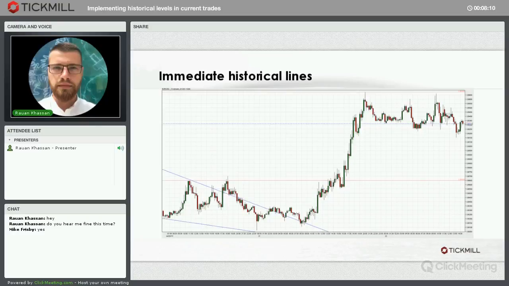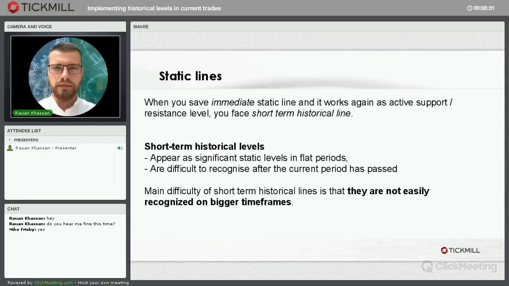The major difference between the previous two is that it's not immediate anymore. It is saved from Monday, which is not so long ago, but as you may see, they appear regularly and they can become actual for you several times as well.